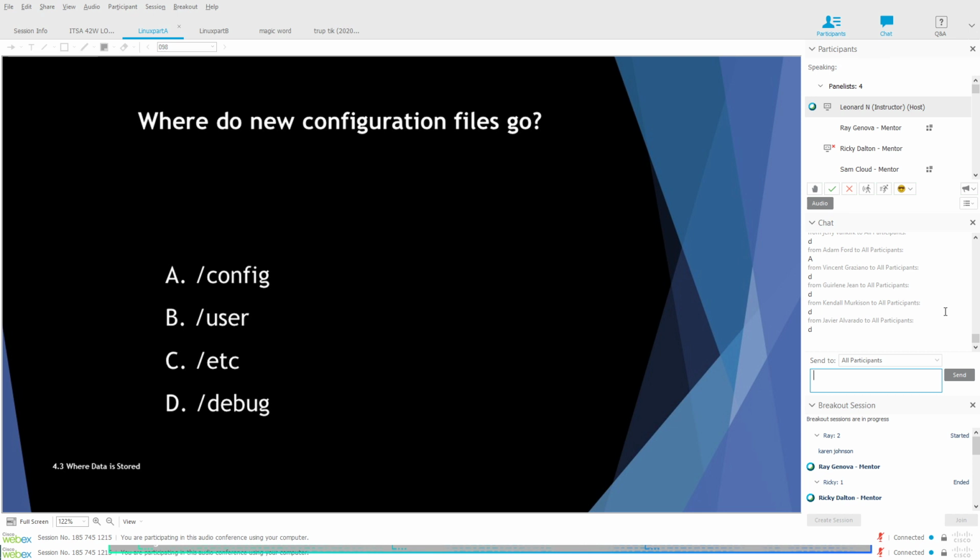Where do new configuration files go? Remember, I told you guys where all your configuration files are stored. They're not stored in your config file.